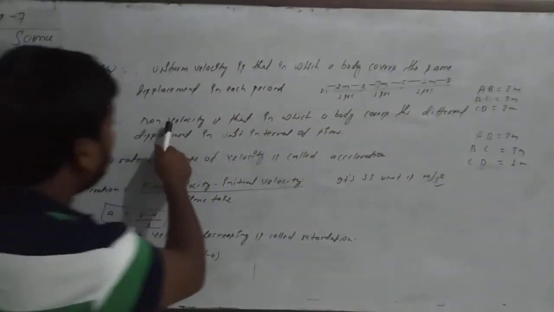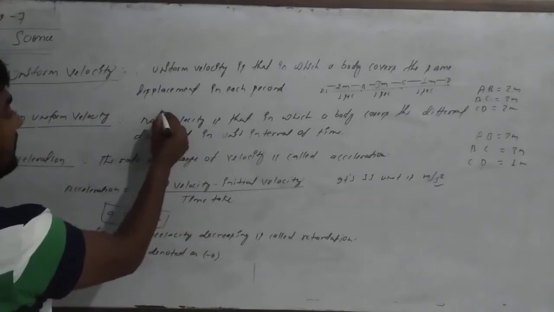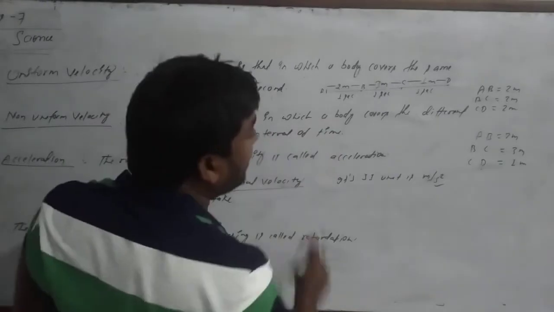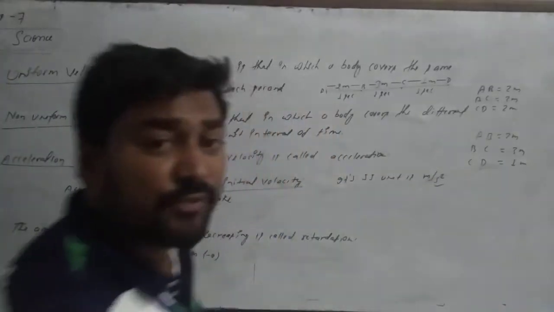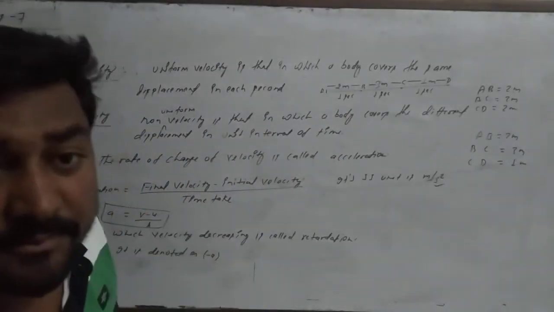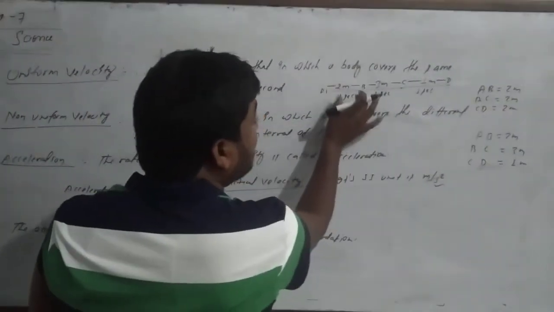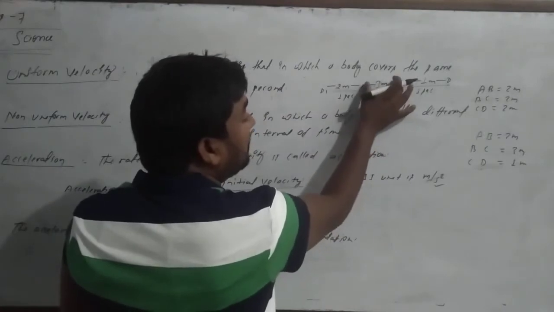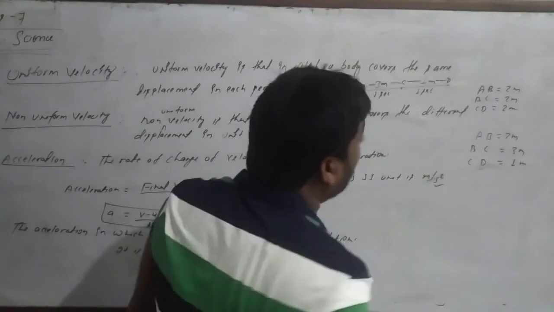So non-uniform velocity is that in which a body covers different displacement in unit interval of time. Just like in 1 second it covers 2 meter, in the next 1 second it covers 3 meter, and again in 1 second it covers 1 meter.